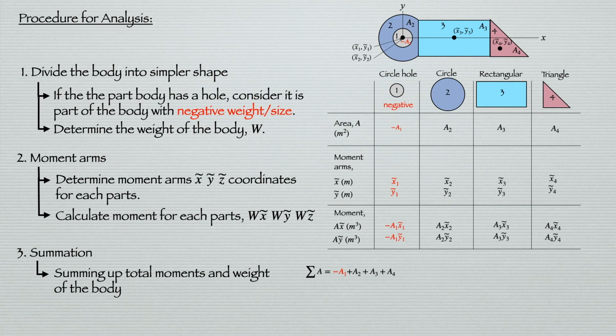And for the total moment, we sum up the total moment in X direction: minus A1X1 plus A2X2 plus A3X3 plus A4X4. So this is the total moment in X direction. Similarly for the Y direction, the total moment is minus A1Y1 plus A2Y2 plus A3Y3 plus A4Y4.